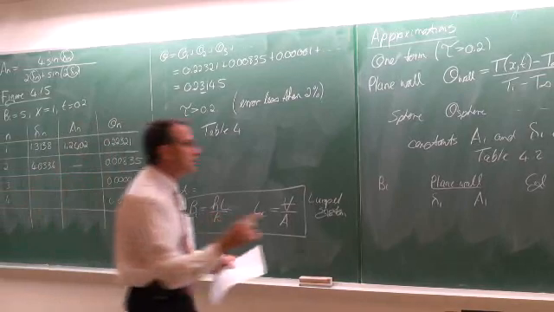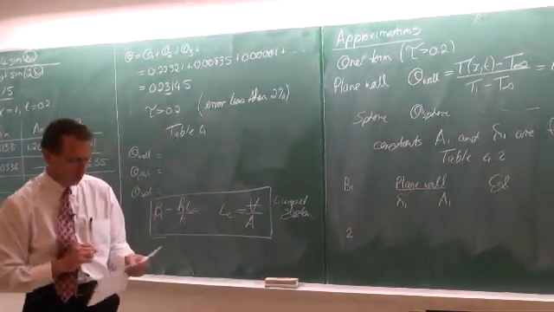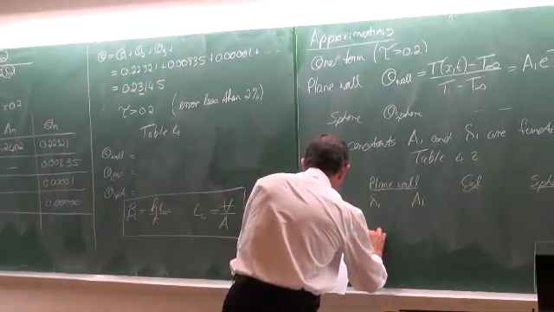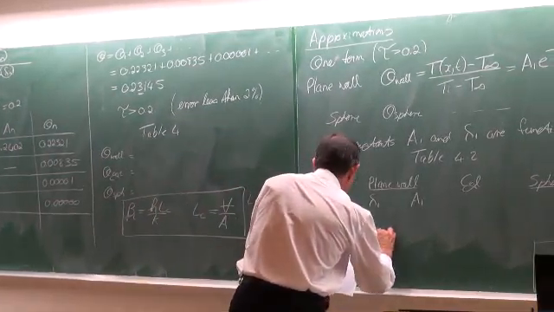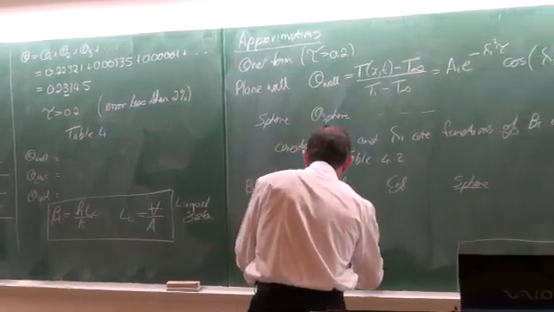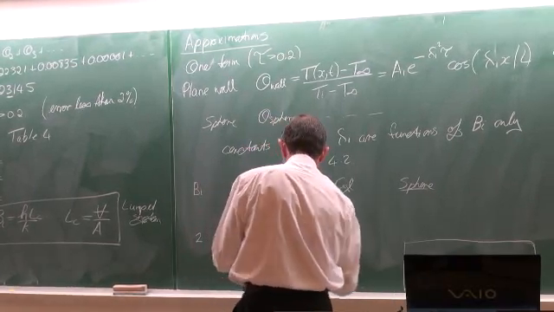For example, if the Biot number is equal to 2, then for a plane wall, lambda 1 would be equal to 1.0769 and A1 would be equal to 1.1785.